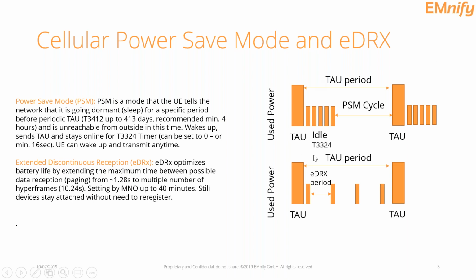Now, this time is specified with the T3324 timer, and this timer can be set to lower periods, down to 16 seconds, but can also be set to 0. So basically the device is then not listening at all to downlink connection, and with that improves the battery lifetime again. So that's probably the two most significant changes on the cellular side to improve battery lifetime.